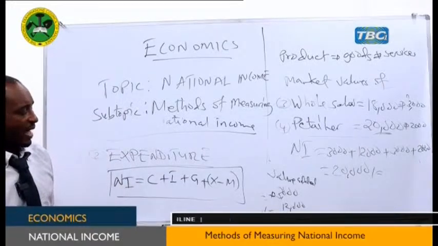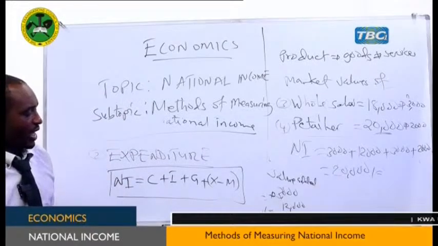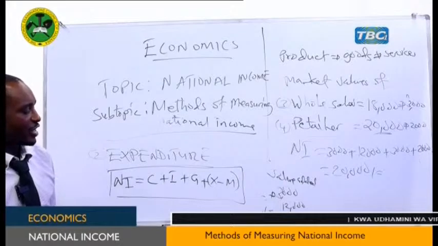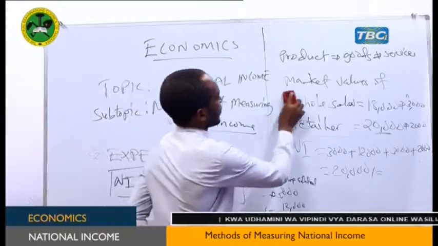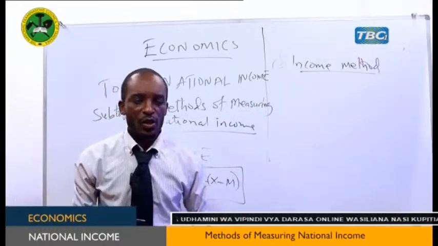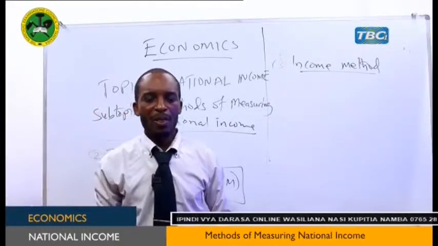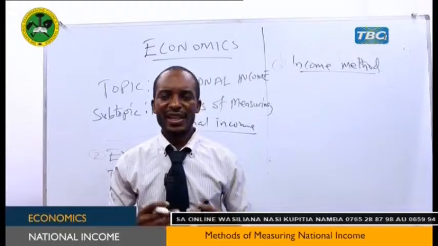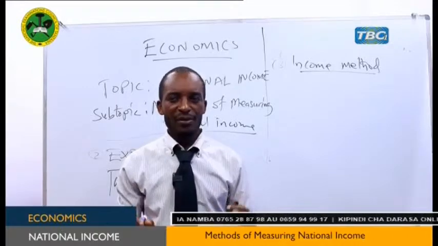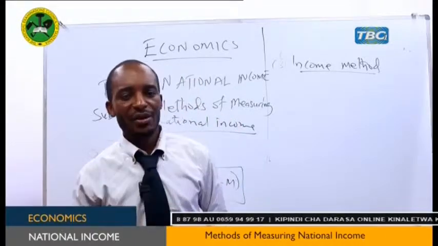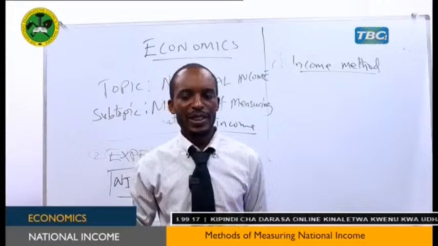The third method we are using to calculate the national income is the income method. Under this method, you need to sum up all the incomes received by the factors of production.